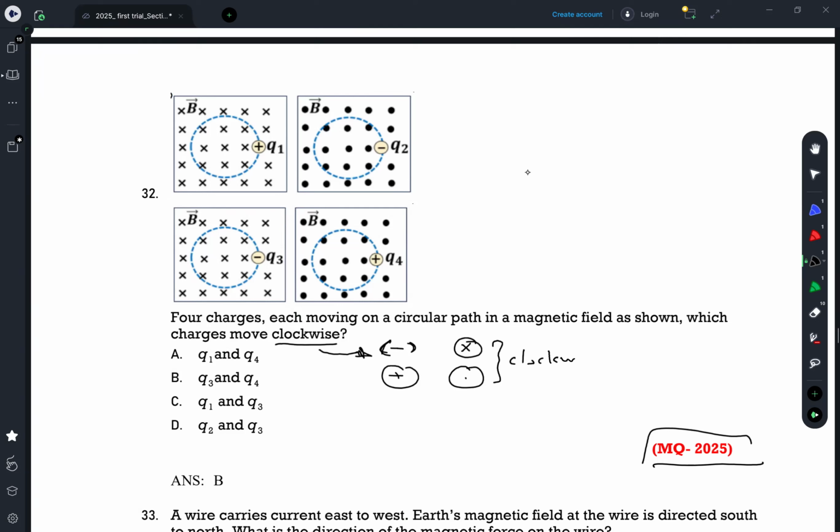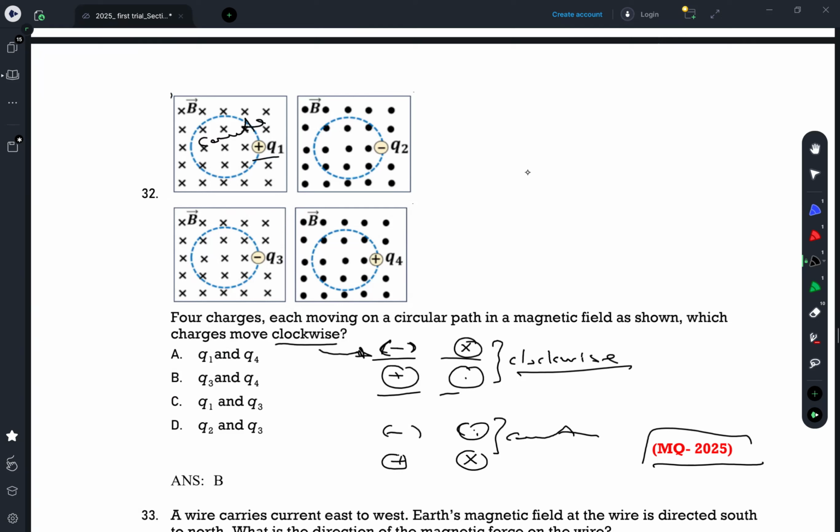I make a table in the classroom. If negative and dot, or positive and cross meet, it's going to be counterclockwise. So we are going to check negative and cross, positive and dot for clockwise. Let's check the first one. Q1 is positive and cross, so it goes counterclockwise.